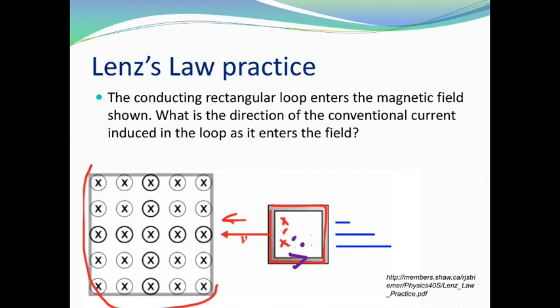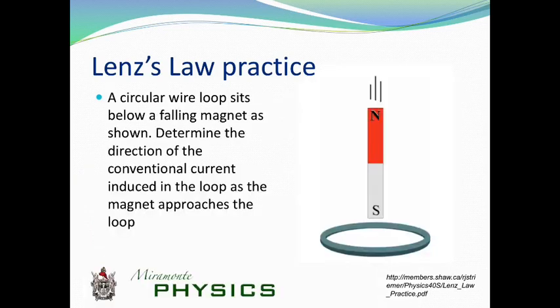And that will be opposing the little X's that you're growing or increasing as you move your little coil into the magnetic field. So the idea is your coil is going to be in here, you're going to be picking up X's, you want to oppose those. So you would want to have this current be going in the counterclockwise direction.